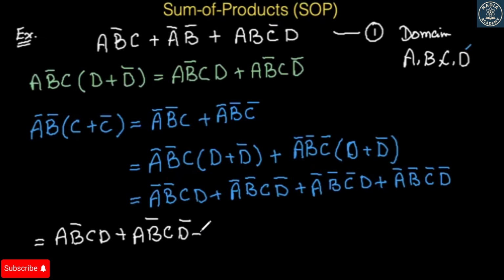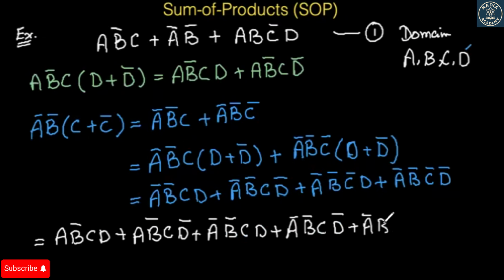So this will be plus A bar B bar C D plus A bar B bar C D bar plus A bar B bar C bar D plus A bar B bar C bar D bar, and our last term, which is A B C bar D.